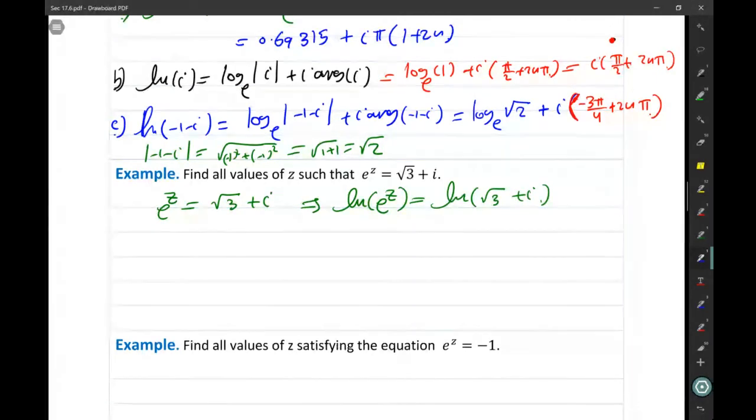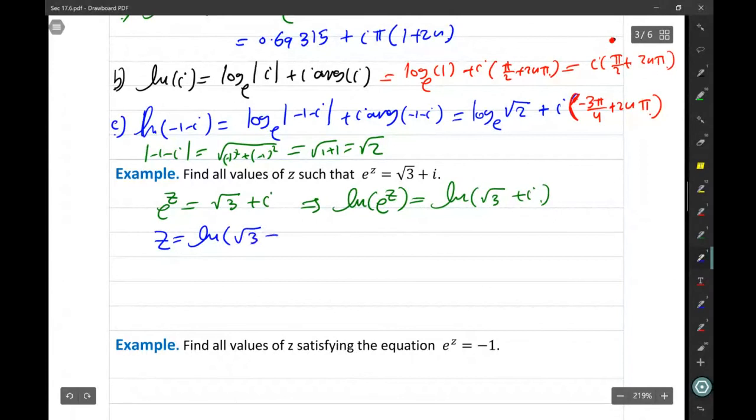Ln e to the power z is z. So z becomes ln of the square root of 3 plus i, which is log of the absolute value of the square root of 3 plus i with base e, plus i times the argument of the square root of 3 plus i.